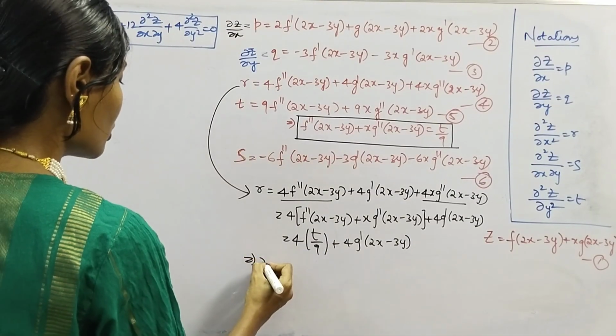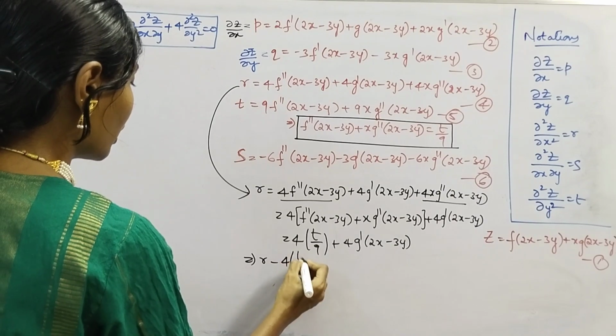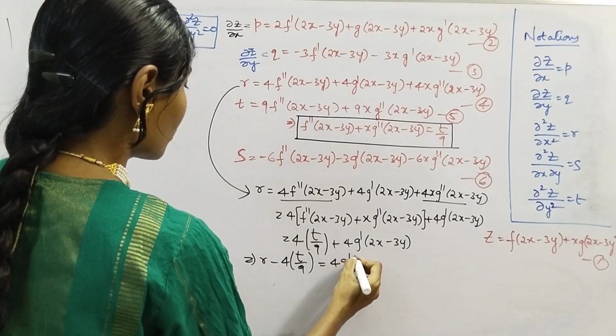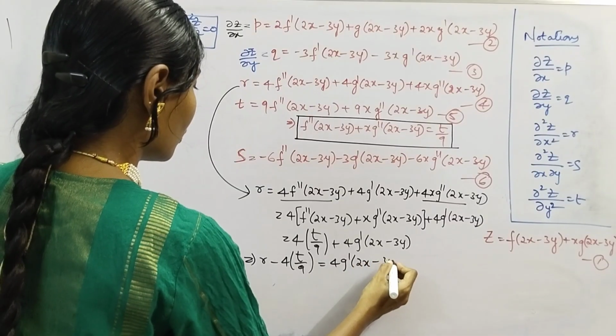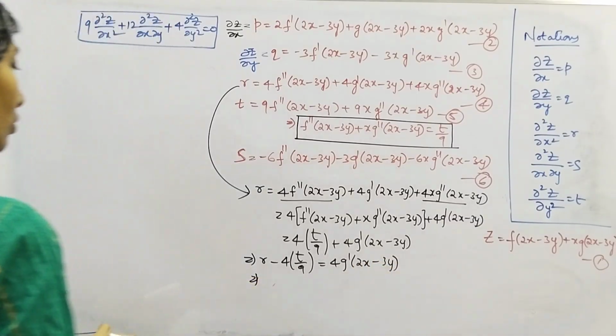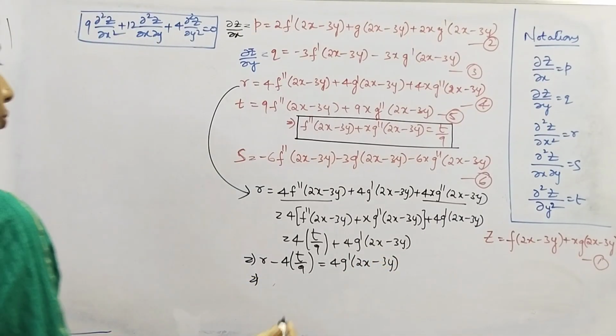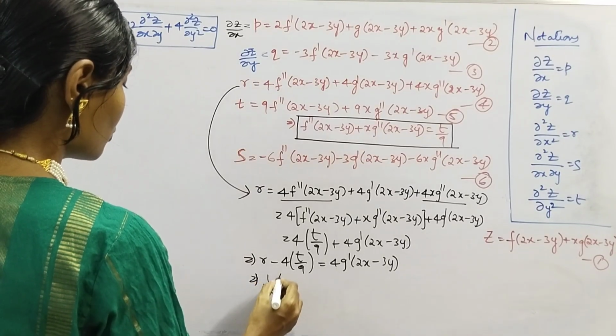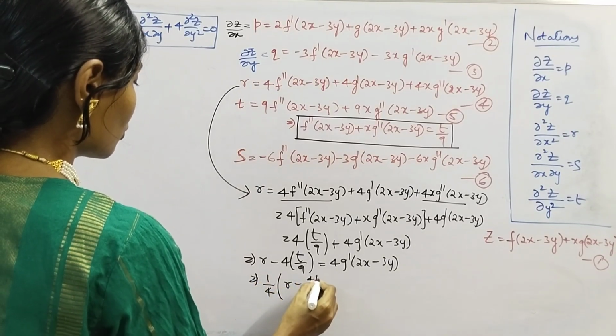Bring this term to LHS, you'll get r minus 4 into t by 9 equal to 4g dash. Okay, now divide both sides of the equation with 4 or just bring this 4 to LHS. You'll get 1 by 4 times r minus 4t by 9.